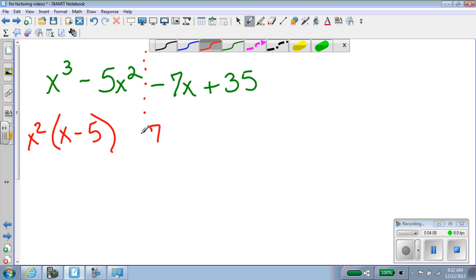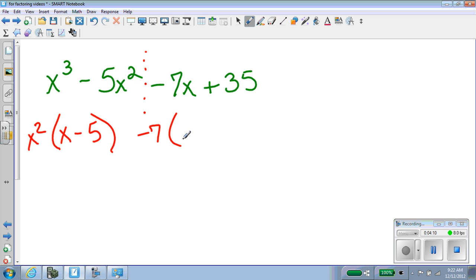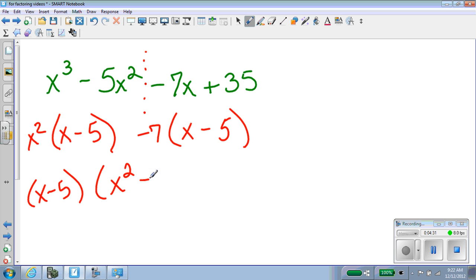I'm going to factor out negative 7. That will leave me with x. And negative 7 divided from positive 35 leaves negative 5, because negative 7 times negative 5 would be positive 35. Now I've created x minus 5 as the thing they have in common. X minus 7 if I factor that out.